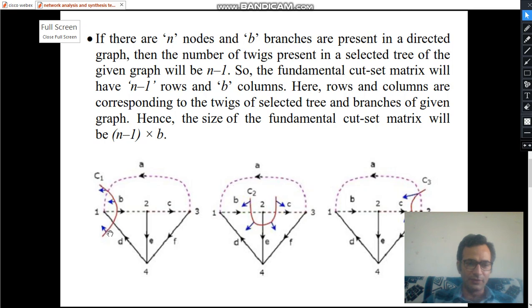So the direction of this cut set will be in this direction, because this twig direction is this. Similarly, this direction has been found by considering the direction of the corresponding twig, and this particular cut set corresponds to this particular twig.